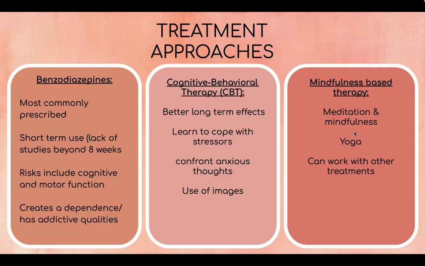They confront their anxious thoughts, and a lot of times images are used because during the times of stress, there's often images that people are avoiding that correlate with that stress. So in CBT, they use those images and kind of make people confront them and learn to feel through the process rather than avoid it and over worry.